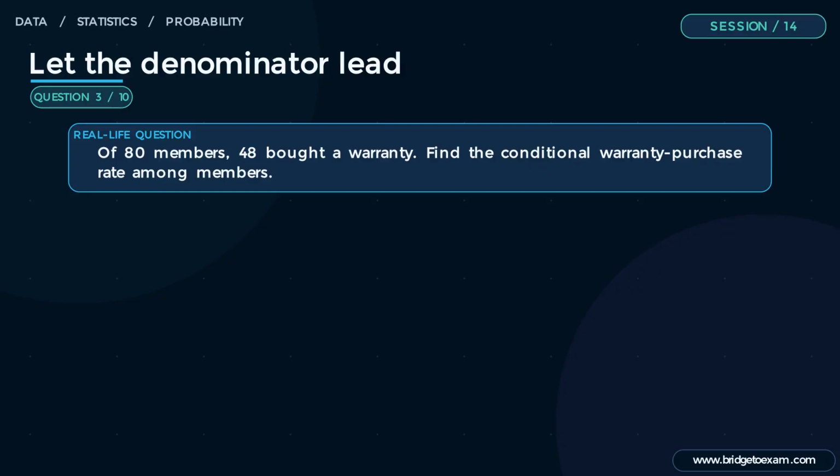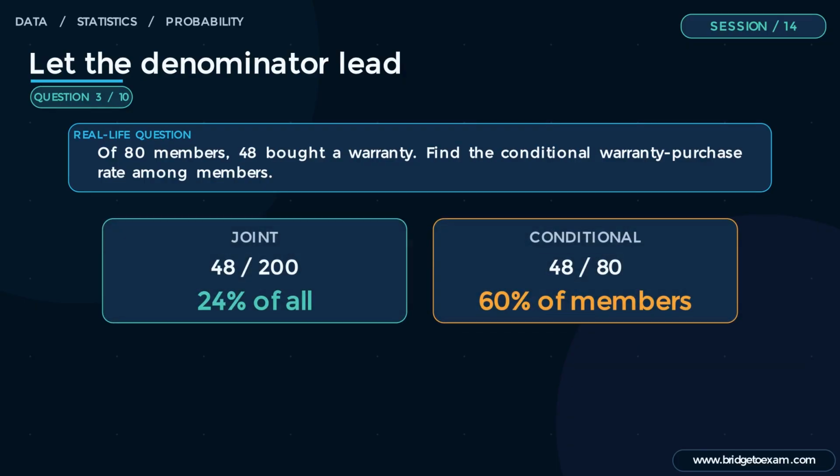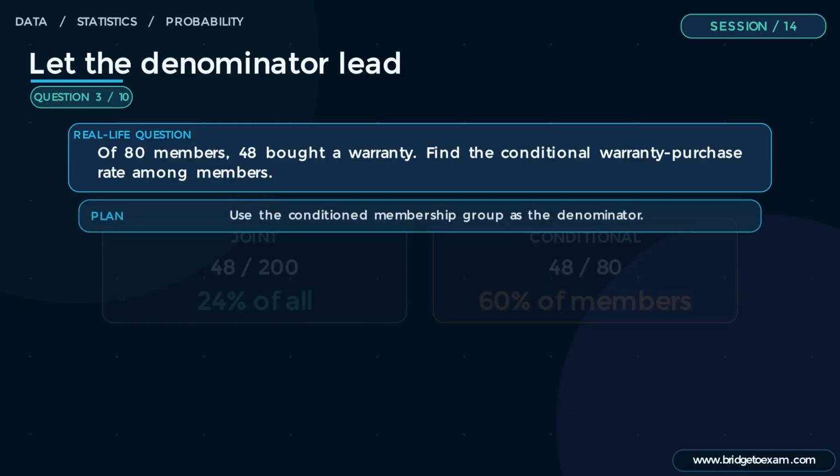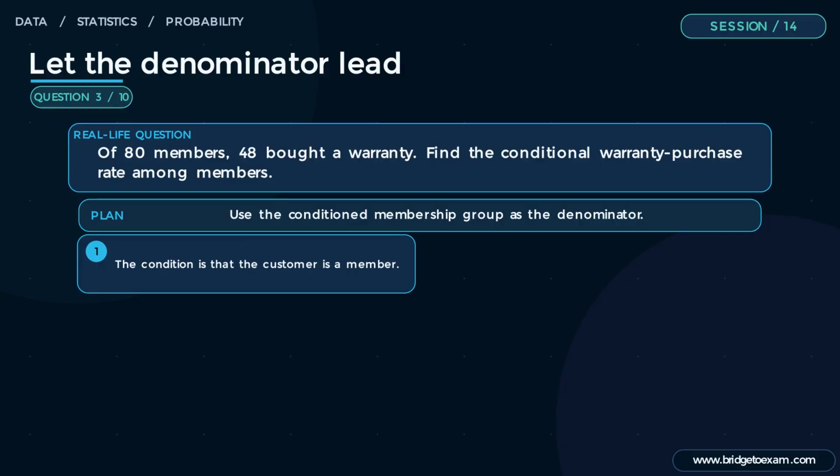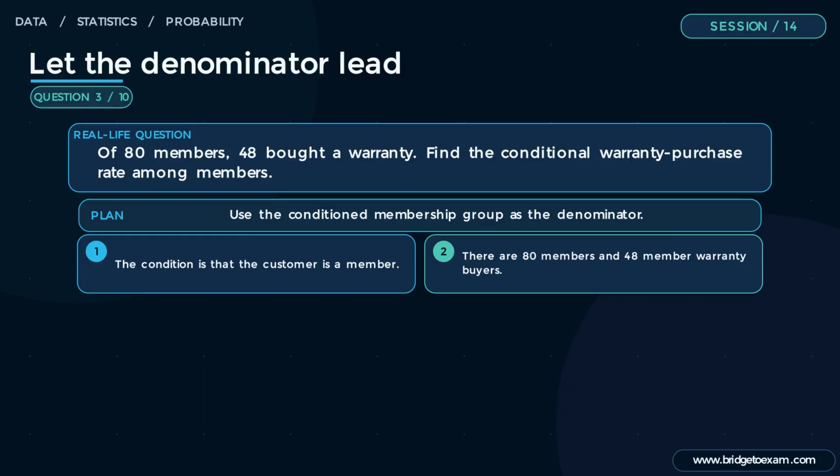Example 3. Of 80 members, 48 bought a warranty. Find the conditional warranty purchase rate among members. The comparison places both cases on the same scale. Plan. Use the condition membership group as the denominator. Step 1. The condition is that the customer is a member. Step 2. There are 80 members and 48 member warranty buyers. Step 3.